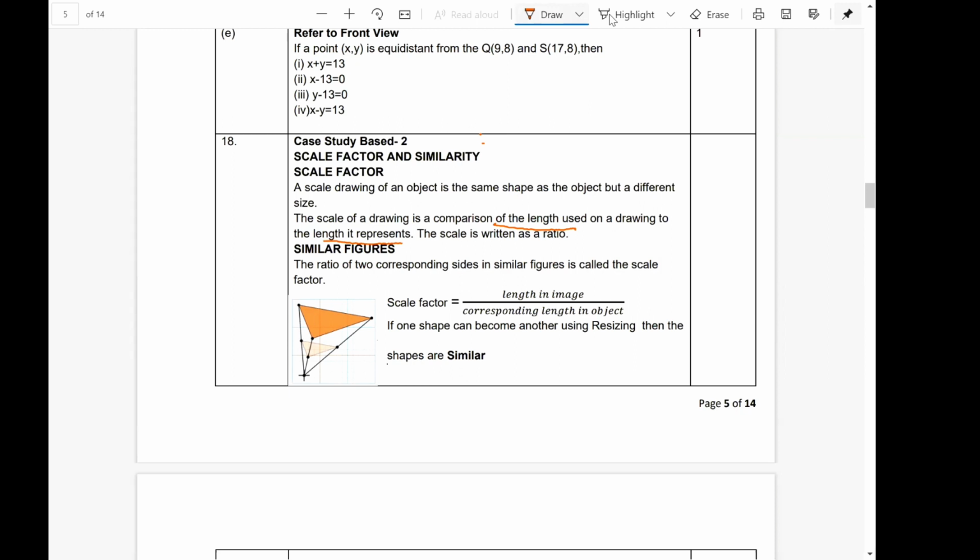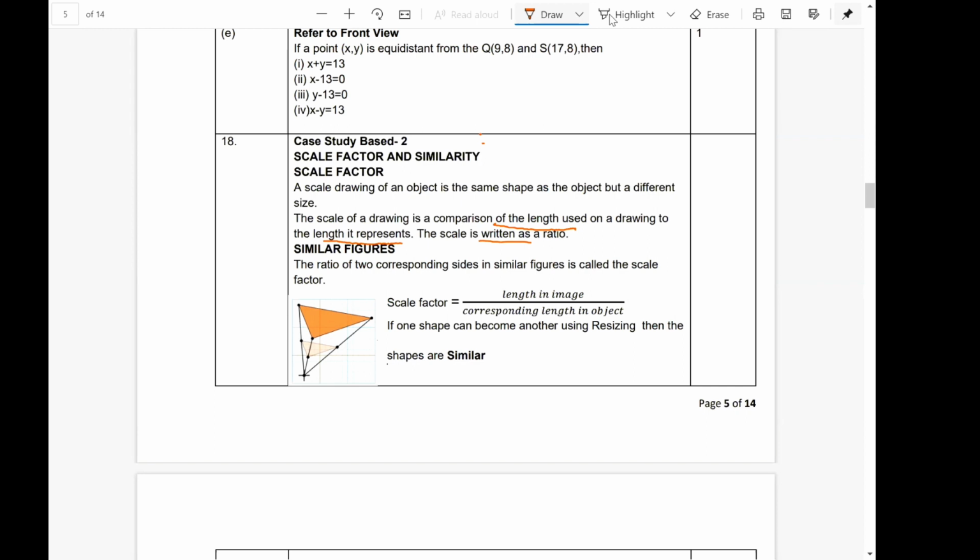The scale is written as a ratio. For example, we have drawn maps and we have taken the measures in maps. In the map, we cannot draw the original length. So for example, for 10,000 kilometers, you will take 1 centimeter as a scale. So that ratio between 1 centimeter and 10,000 kilometers, that is called the scale factor.